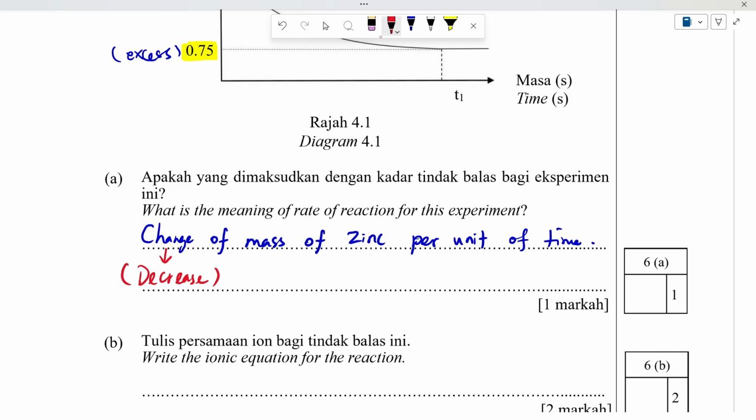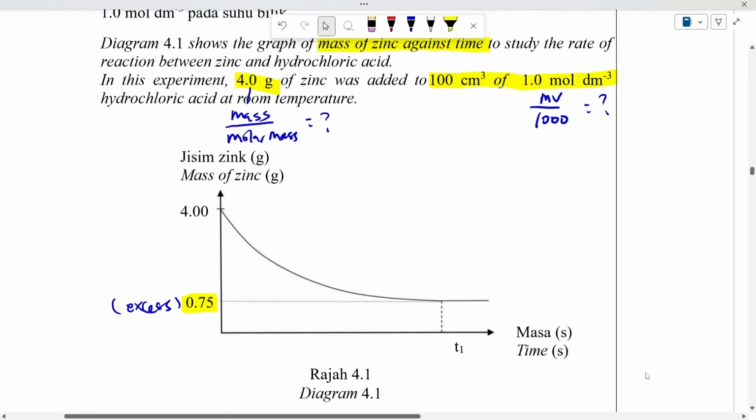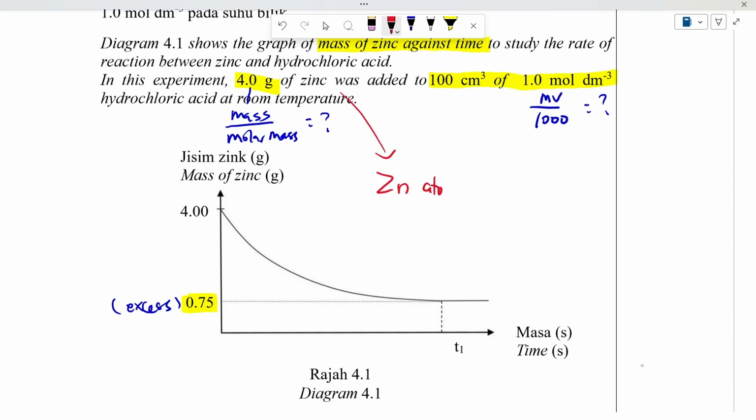Okay. Now write the ionic equation for this reaction. Ionic. How do we write it? Here we can actually refer to the collision theory. It will give you an idea. So in this case, what are the colliding particles? Yeah, zinc atoms.